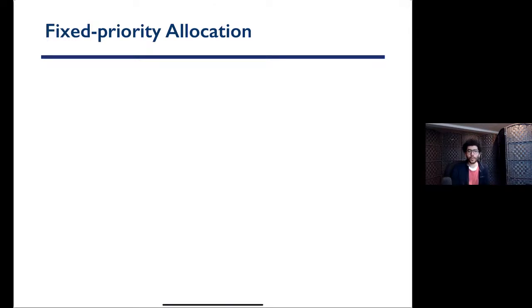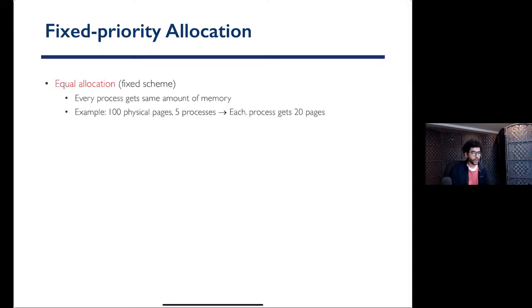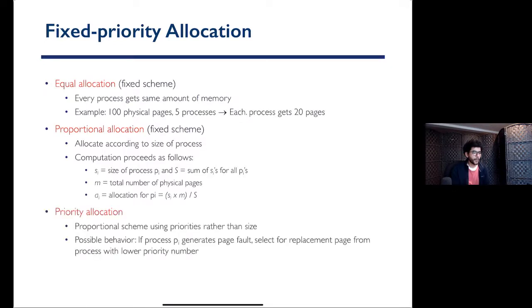Now, one way of allocating memory is fixed priority allocation. So basically, you fix the allocation of your processes. There are options for this. Here in this slide, I have three options. The first option is equal allocation. So you basically divide your physical pages equally among your applications.